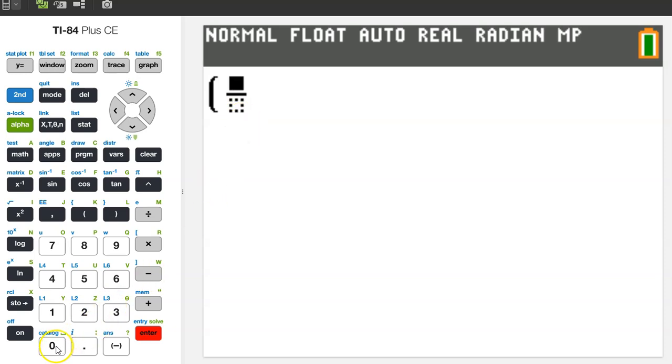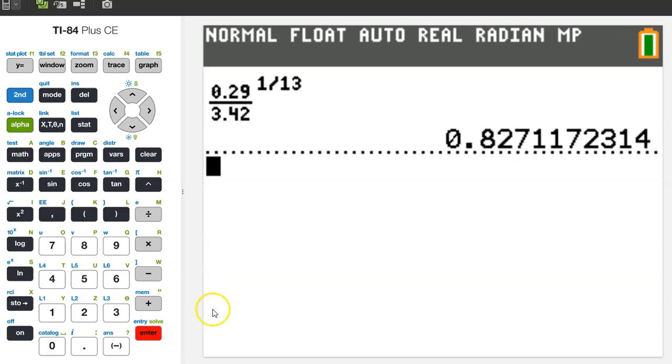Anyway, in the numerator we have 0.29, and in the denominator we have 3.42. And this is all being raised to the 1/13th power, and hit enter. So this is the value of b.